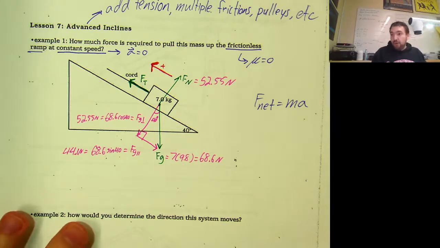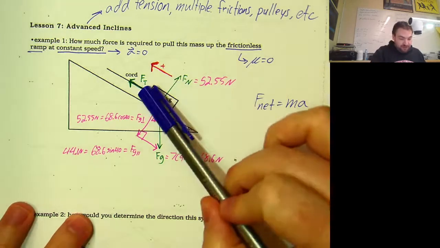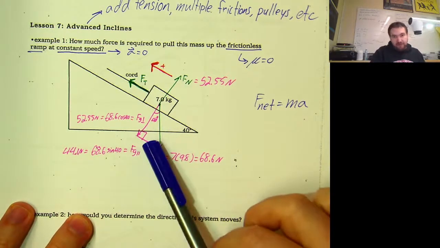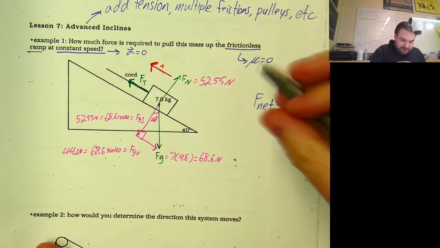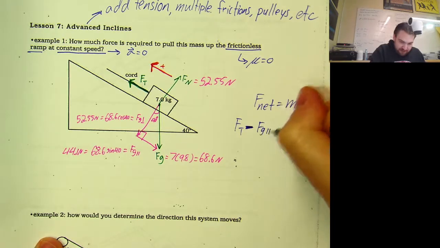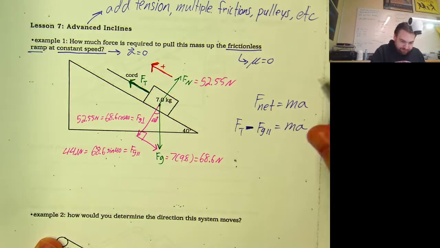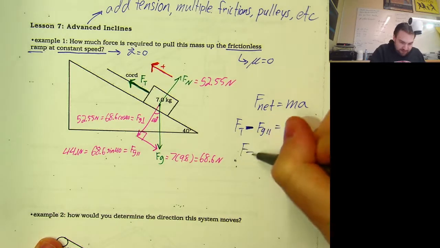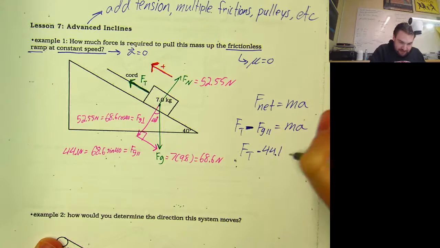So the only forces acting in the direction of motion of our block are this tension force and this parallel component of gravity. We said up was positive, so this is going to be Ft minus Fg parallel equals ma. Ft minus 44.1 equals 7 times 0.